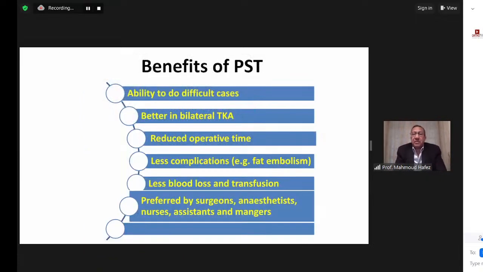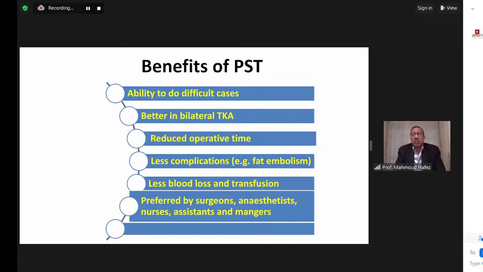So there are so many benefits of PSI: the ability to do difficult cases with the planning. It is better in bilateral knee, with reduced operative time, fewer complications, especially fat embolus, and less blood loss and transfusion. And this is already proven from the literature on robotics and navigation, which is the same principle here, because you're not going inside the medullary canal.